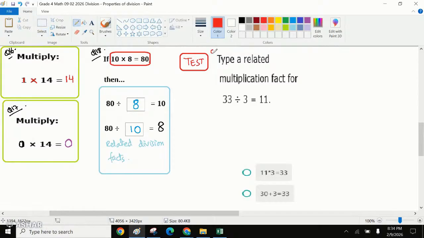For question number 1, what is a multiplication related fact? Option A or option B? Semi, what is the answer? We need to look at the signs. The star sign means multiplication, and this is a plus over here.